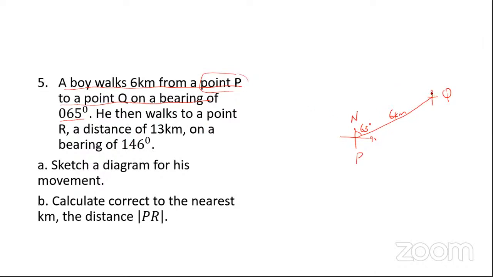146 is more than 90. So 146 is somewhere here. So you can have something of this nature. 146. What will you add to 90 to make it 146? You add 56 to 90 to make it become 146.